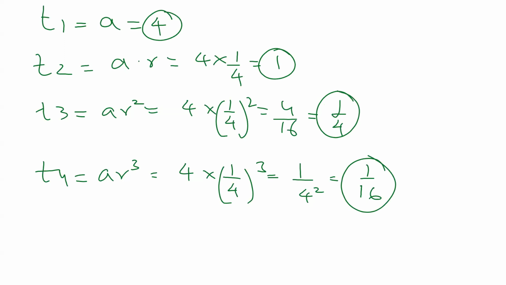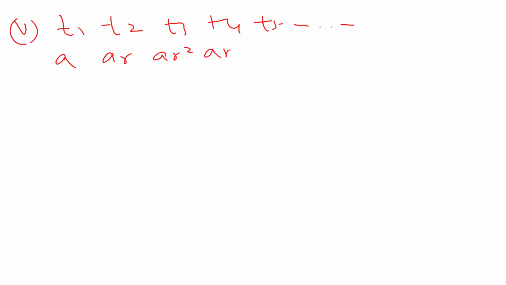Question number 8, sub question 5. Similar lines, very simple. If you have understood the 3rd and 4th sub question, this one is very easy for you. If each term of an infinite GP is twice the sum of all terms following it. So T1, T2, T3, T4, T5 and so on. This is A, this is AR, this is AR square, this is AR cube, AR raised to 4.